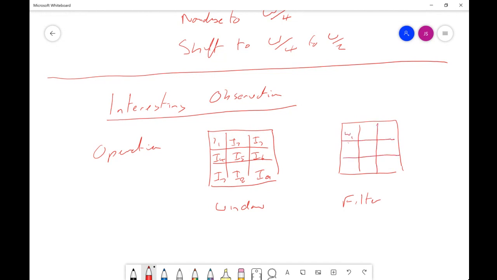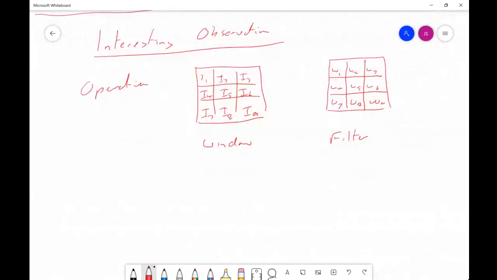Let's call them W1, W2, W3, W4, W5, W6, W7, W8, and W9. And we are correlating those two. The operation we are performing, we are multiplying the window operator coefficient with the pixel value.